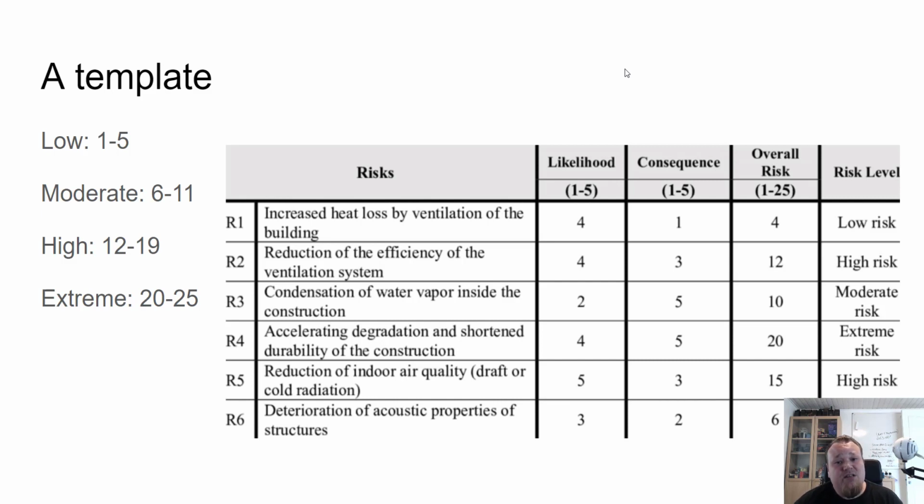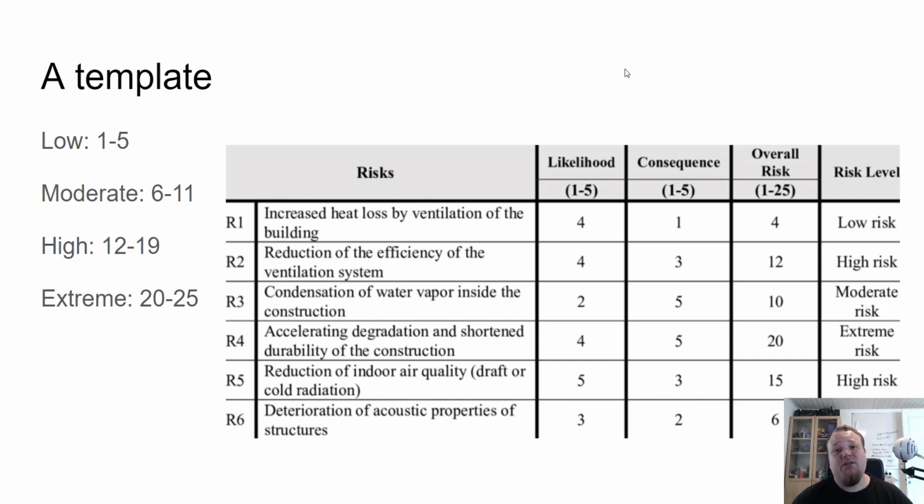We need to be aware that, take the example of increased heat loss by ventilation of the building. If that is an actual issue, the likelihood is 4. So this is a very high likelihood, on a scale from 1 to 5. So it's very likely that the increased heat loss by ventilation of the building, meaning that the ventilation stopped working.